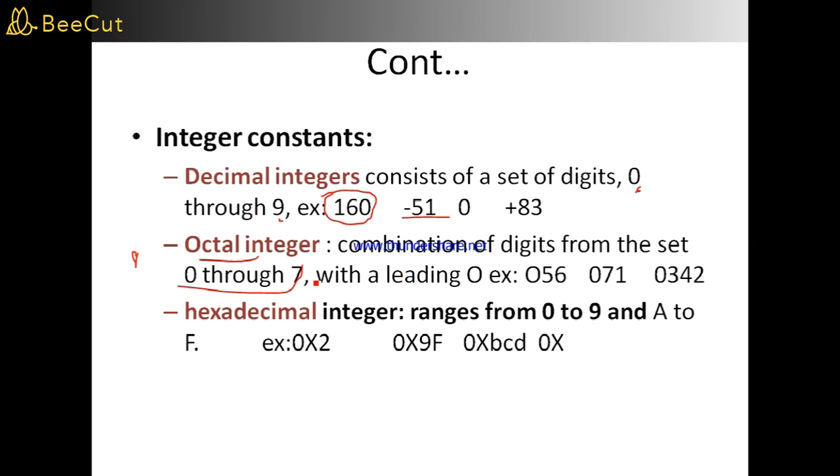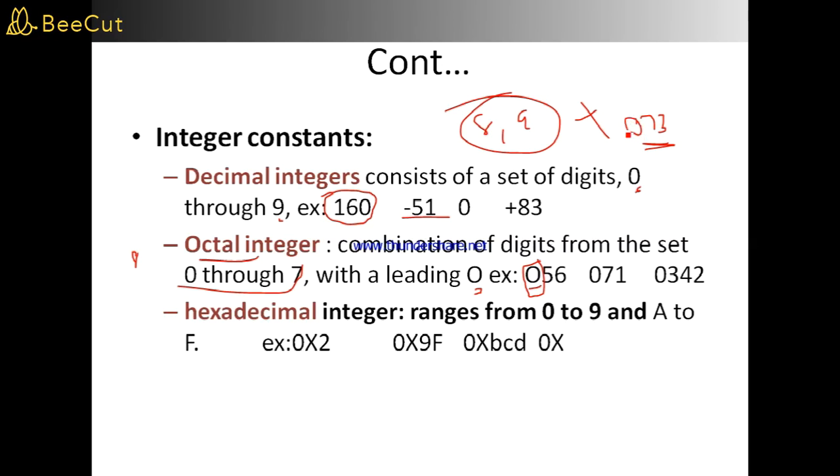One thing should be remembered: 8 and 9 are not part of octal numbers. It is a combination of digits from the set 0 through 7, leading with O. It's not zero, it's O. While writing a program, we have to use the O symbol before writing octal numbers. So if you're writing 73, it will be considered a decimal number if you are not using O.